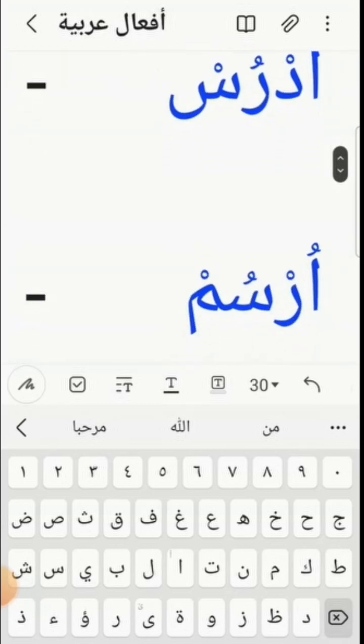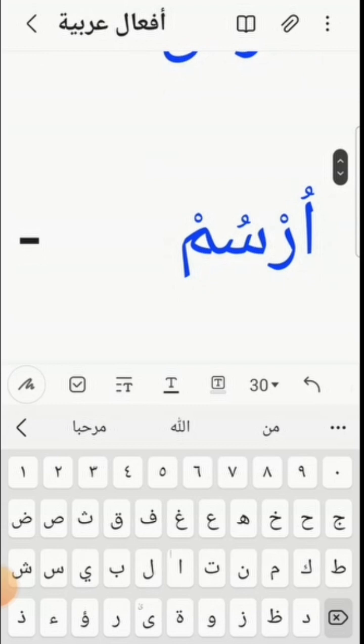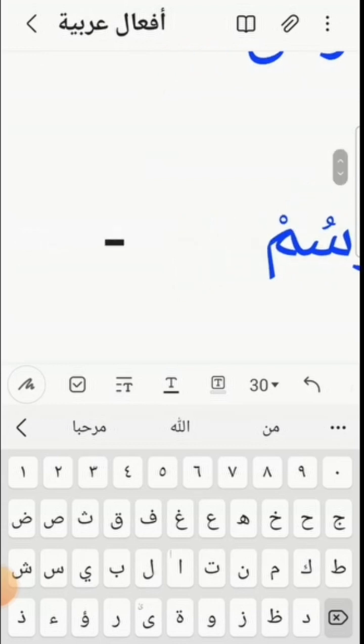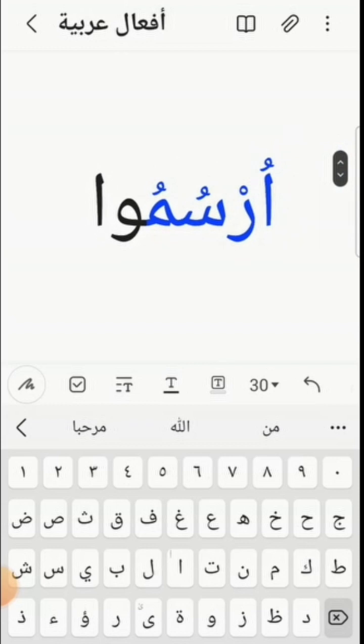And then the last one we had was ارسم. So again for a group you will say ارسموا. ارسموا الصورة, for example. You want all of them to draw a dog. Then you will say ارسموا كلبا.